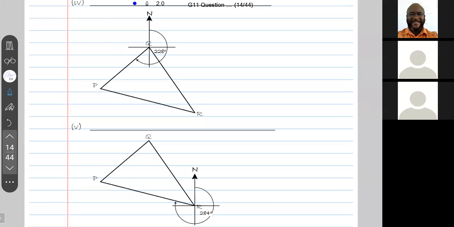All right, so IV, notice that the arc from north comes around and stops at the line connecting P and Q. So this bearing must involve P and Q. Since the north-south line is at Q, the 228 degrees is the bearing of P from Q.